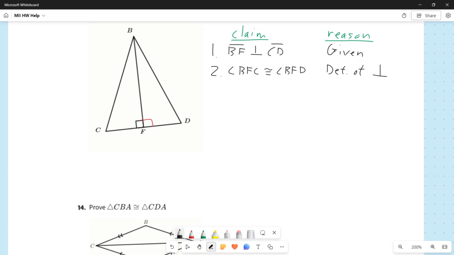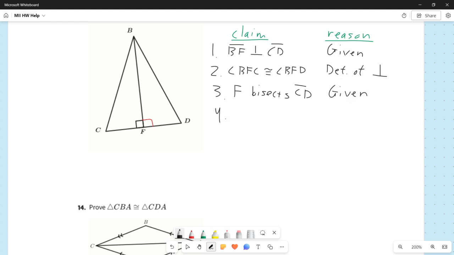So that's great. We are also told that F bisects CD. And the reason that we're allowed to say that is that we were also given this information.